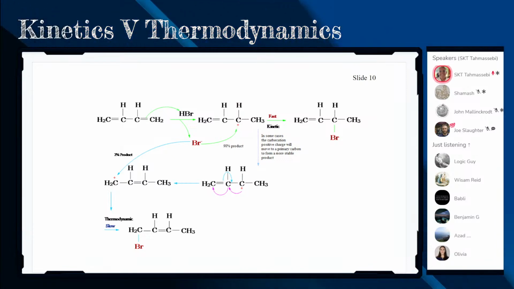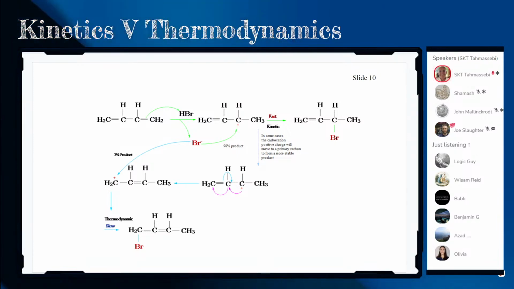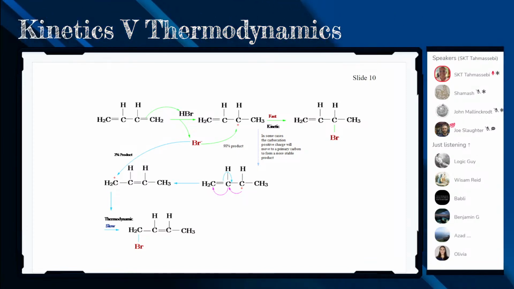Very fast, the bromide of that HBr will attach itself to that plus. And so the kinetic product that you get is going to be that 3-bromo 2-ene product on the right-hand side.